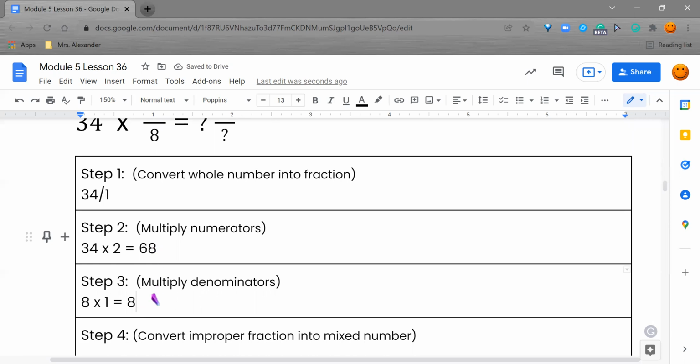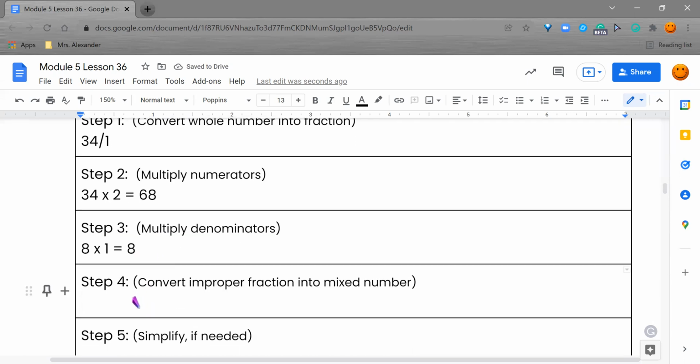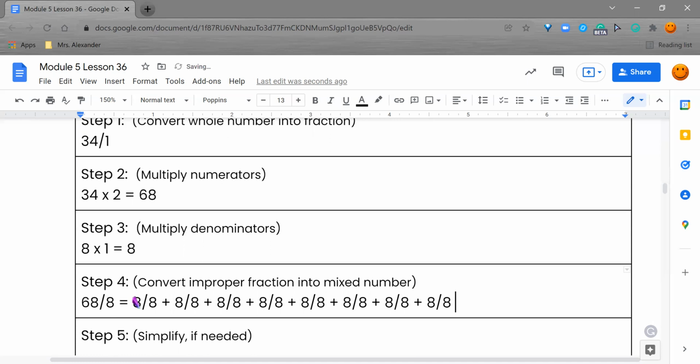So now I'm going to take the numerator and denominator and put it in my fraction form. So I have 68 over 8. And now we're going to figure out how many 8s go into 68 without going over. So I have 8, 16, 24, 32, 40, 48, 56, 64.